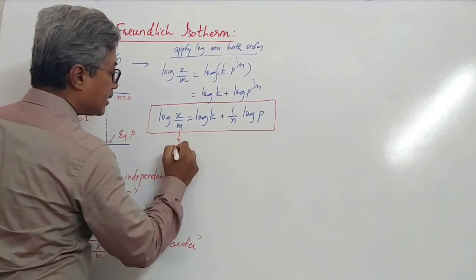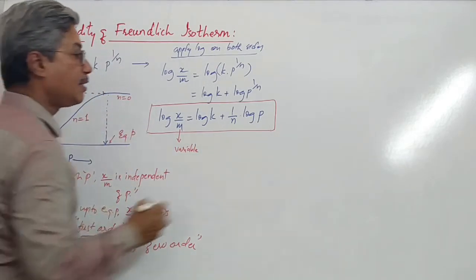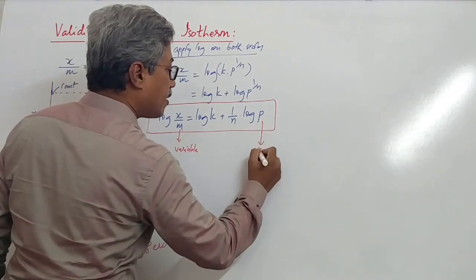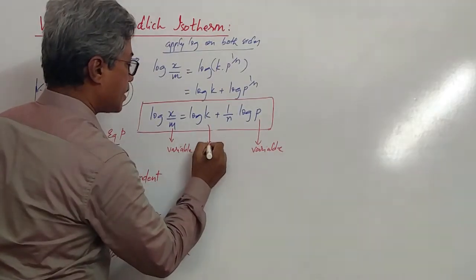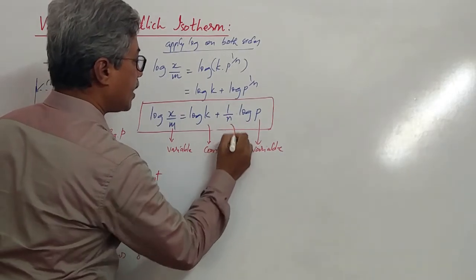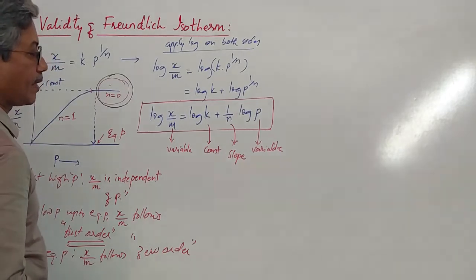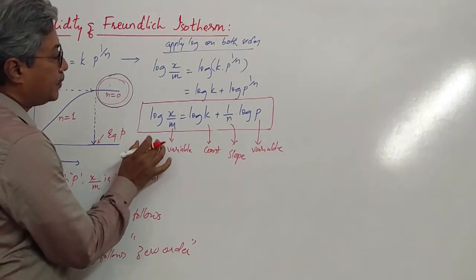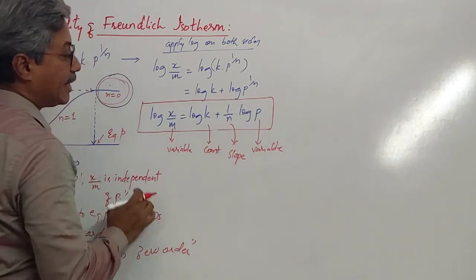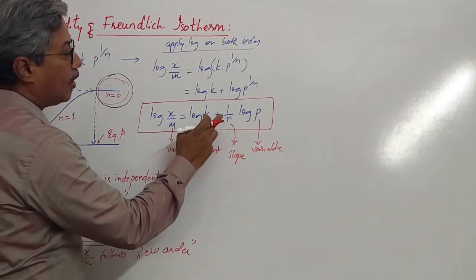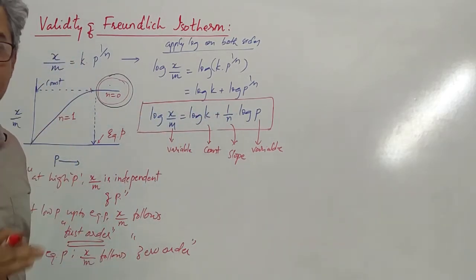See students, pressure is variable. This is constant, and this is the slope. That means if you plot a graph of log of x by m versus log p, you will get a straight line whose slope will be 1 by n, that is a positive slope, and the intercept on the y-axis will be log k.